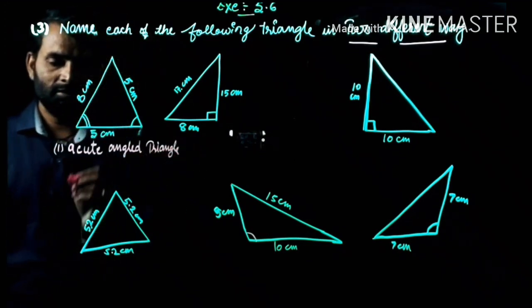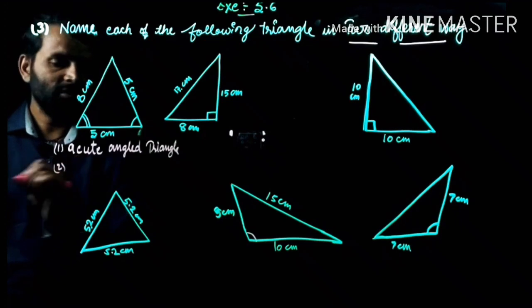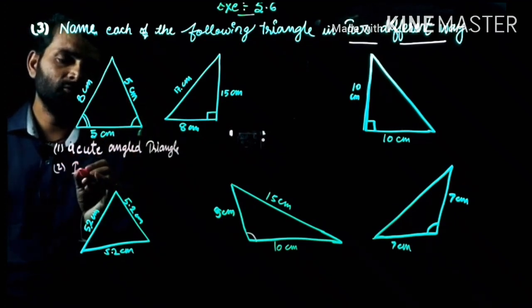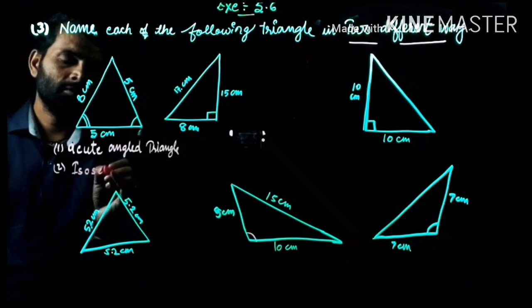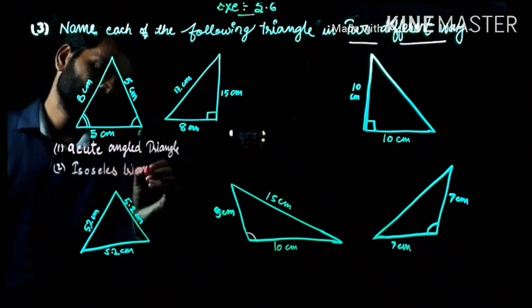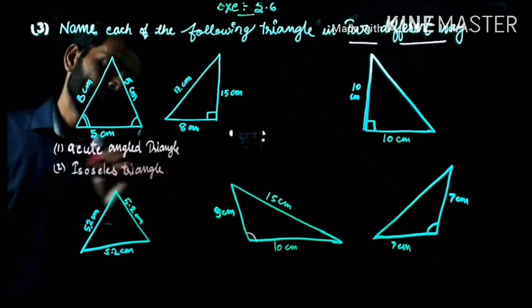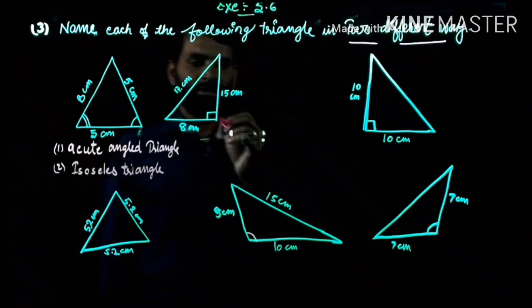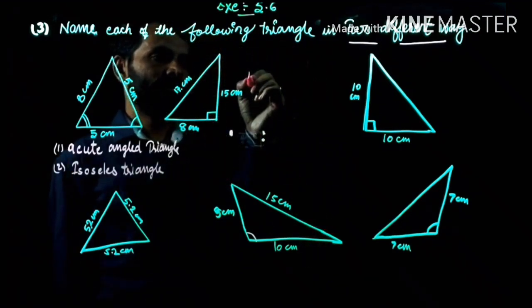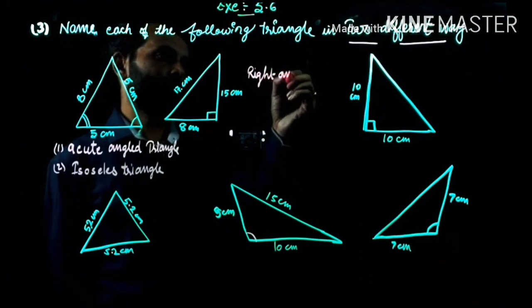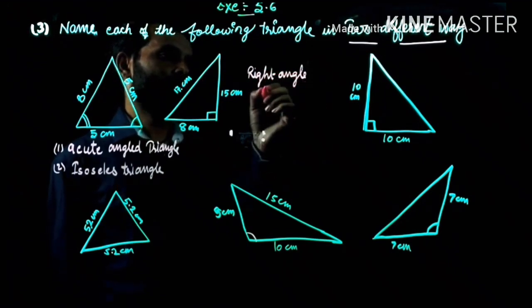And the second name is based on sides: two sides are equal, so its name is isosceles triangle. Okay, now next, here one angle is 90, so the name is right angle triangle.